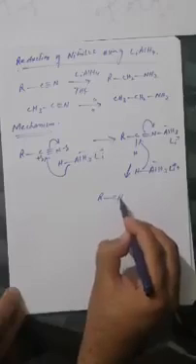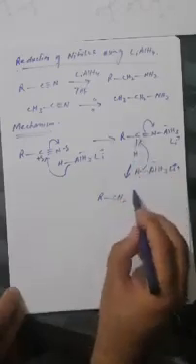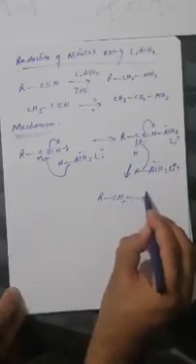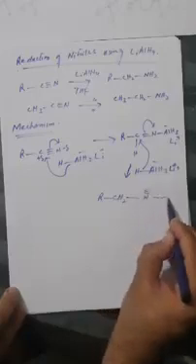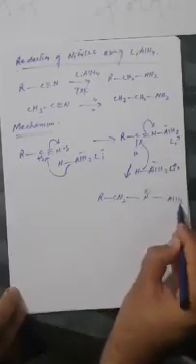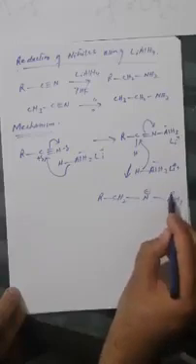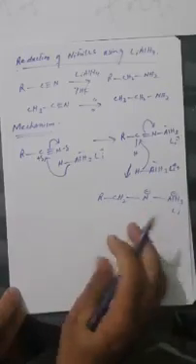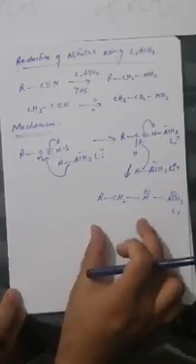So you get two hydrogens attached to the carbon. You will get this intermediate, and this is a very short-lived intermediate.